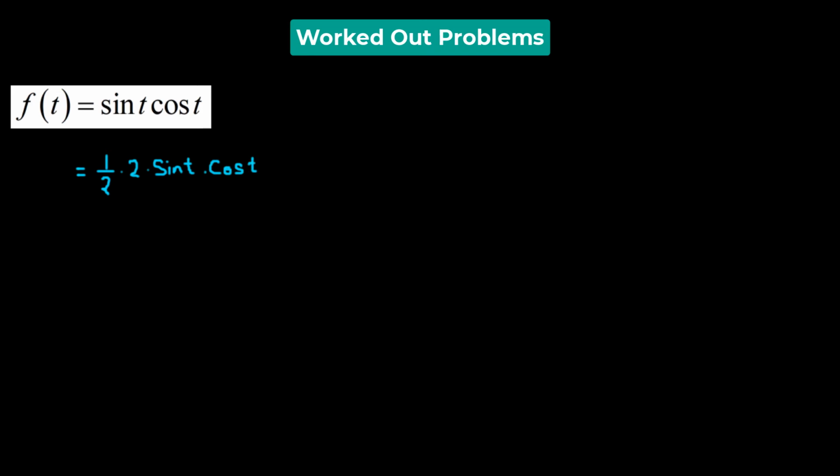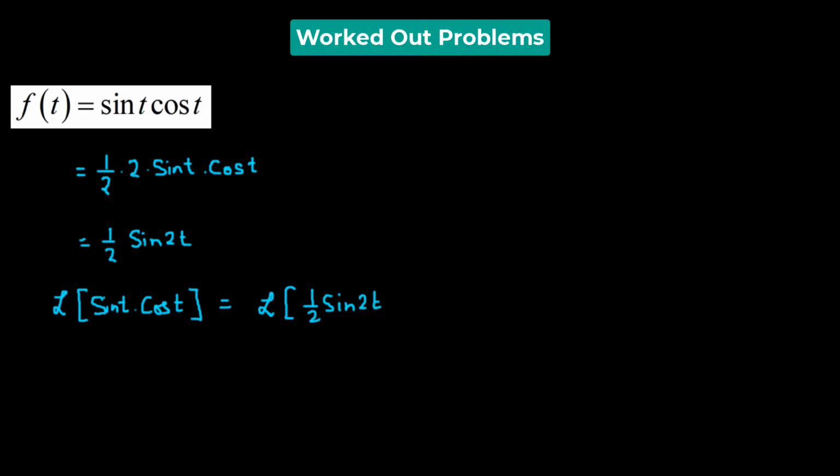Now that's because 2 times sine t times cosine t is sine 2t. So that means finding the Laplace transform of the function sine t times cosine t is the same as finding the Laplace transform of half sine 2t.